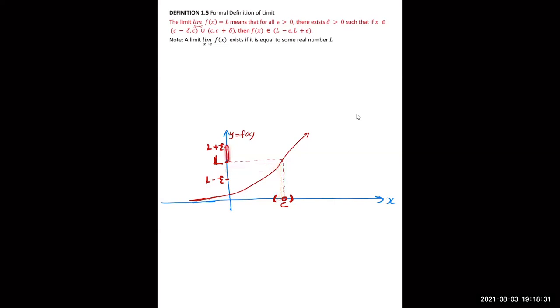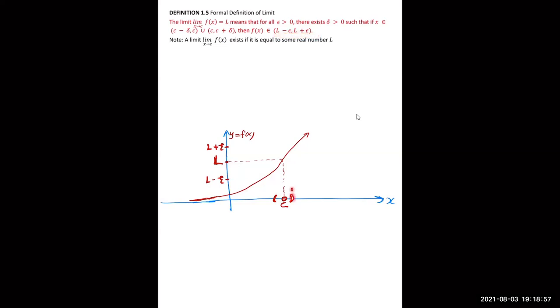The interval L minus epsilon, L plus epsilon means this interval. So whenever you pick a value in this delta punctured neighborhood, your y value is going to be in that interval. So even if you take this value right here, your y value is here. So your y value is going to fall in the interval L minus epsilon, L plus epsilon.